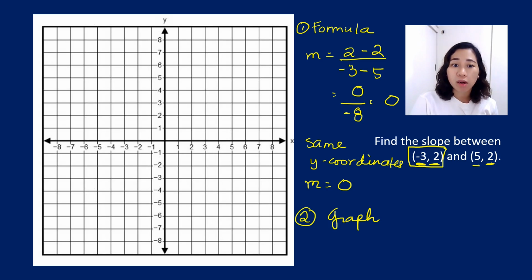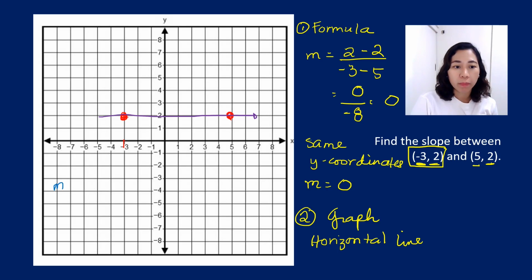Our points are (-3, 2) and (5, 2). There we go. And then let us connect it with a line. Aha, that is now a horizontal line, correct?